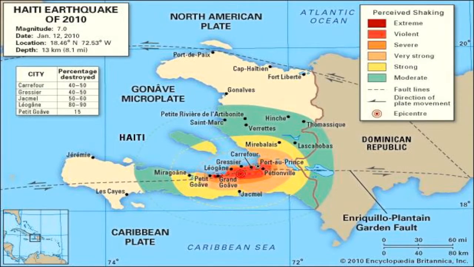The Haiti earthquake hit at 4:53 p.m. on January 12, 2010, some 25 kilometres southwest of the Haitian capital of Port-au-Prince. The initial shock registered a magnitude of 7.0 and was followed by two aftershocks of a 5.9 magnitude.